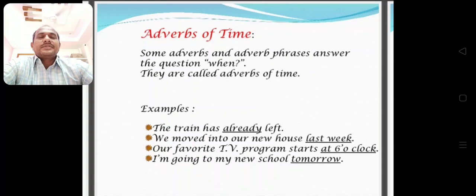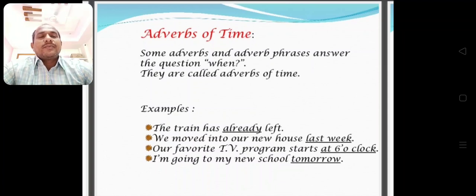See the examples. The train has already left. When has the train left? Already. We moved into our new house last week. When? Last week. Our favorite TV program starts at 6 o'clock.